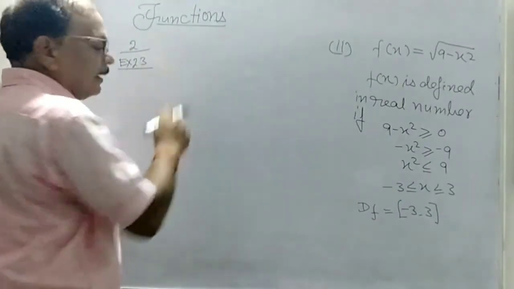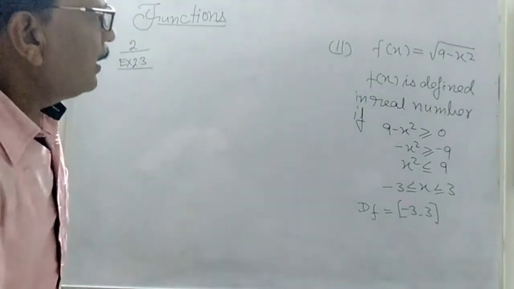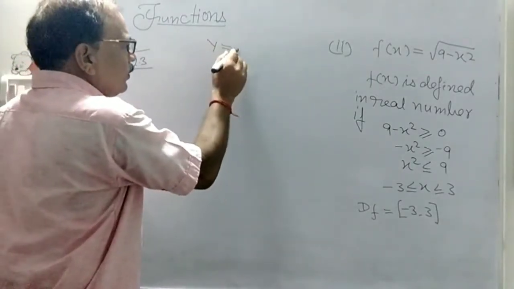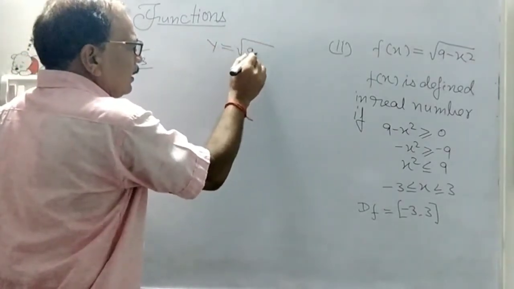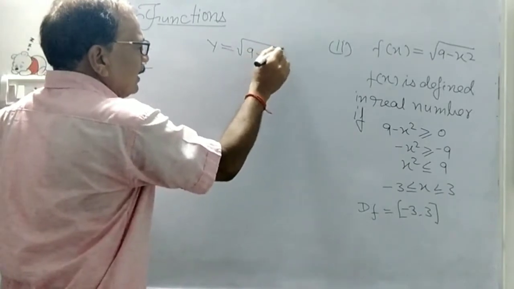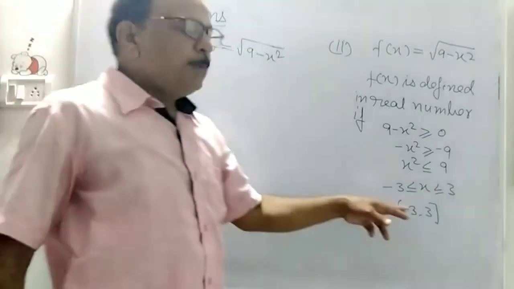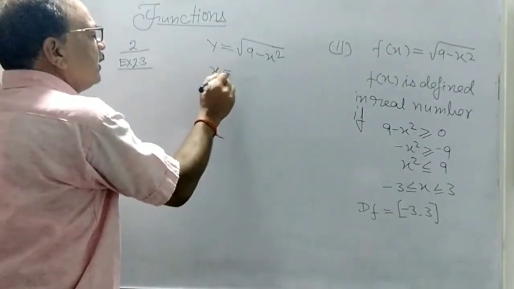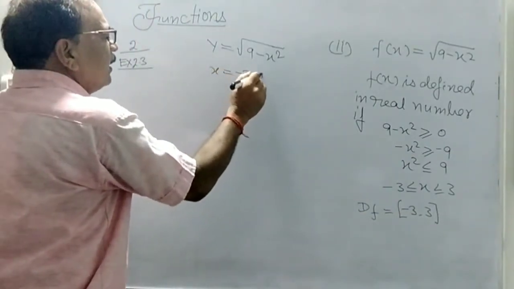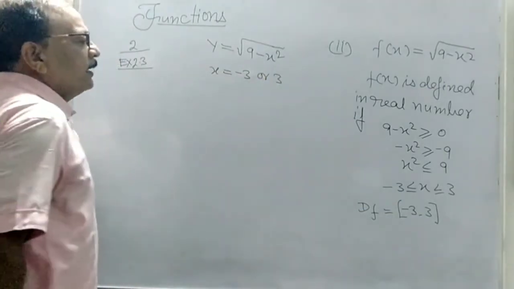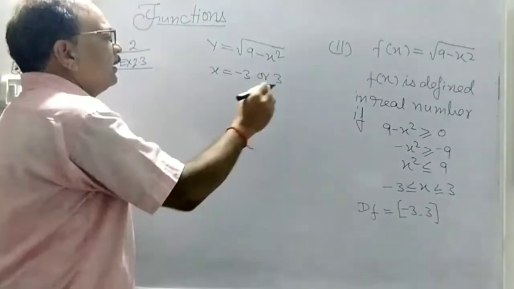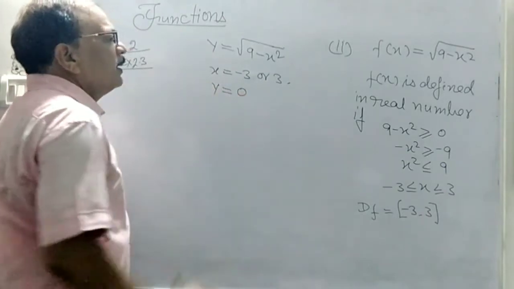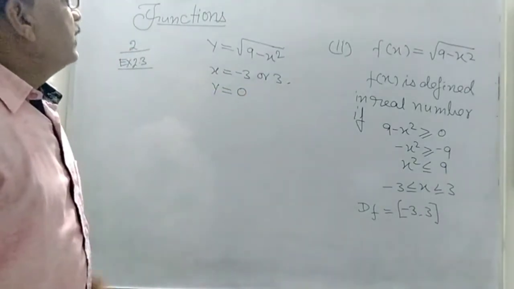Here we can replace this with y equal to under root of 9 minus x square. Now if we write x equal to minus 3 or 3, then we get y equal to 0.